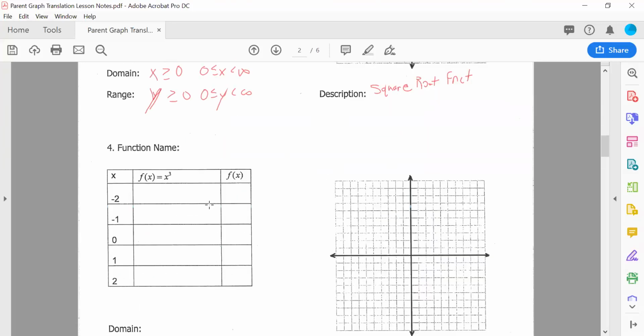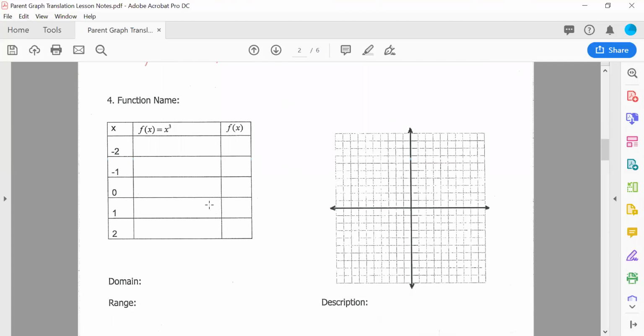And y equals x cubed, or x to the third power. What does y equals x cubed look like? It looks like half of a parabola opening up. So I start at 0, 0, and I do a parabola opening up to the right, but then I do a parabola opening down to the left. This is a highly mathematical name: I call this the wiggle, or the wiggling through the x-axis.